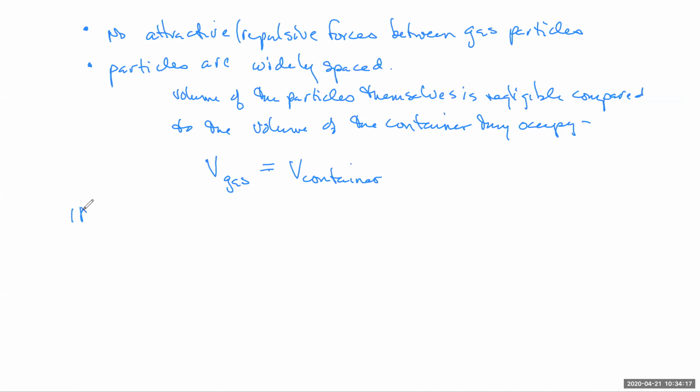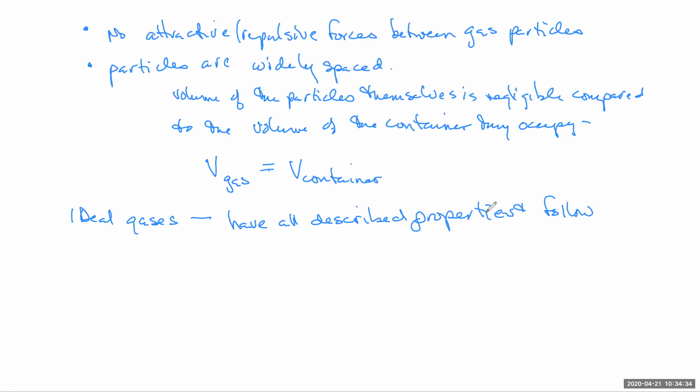We're going to really work with what are called ideal gases. And ideal gases are gases that have all of the properties that I just described. They follow the laws that we're going to follow, the gas laws that we're going to talk about next.